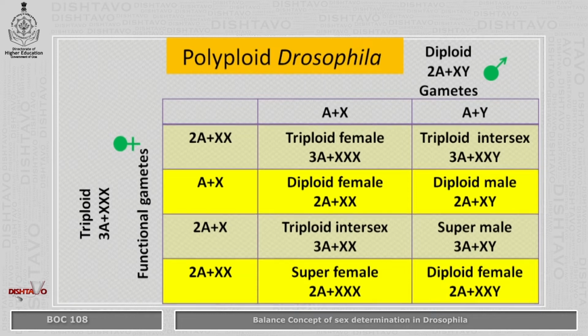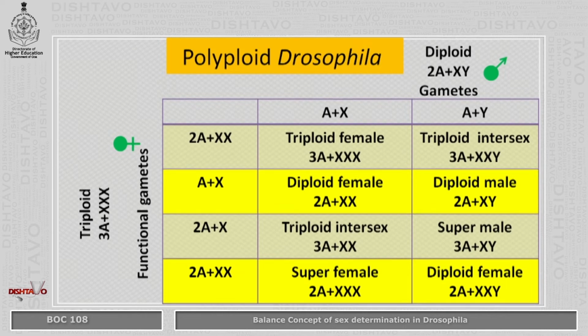When the same female, which has 2 autosomes and 2 X chromosomes, is crossed with a male having 1 autosome and 1 Y chromosome, the resulting offspring is a triploid intersex with 3 autosomes and 2 X chromosomes and a Y chromosome.